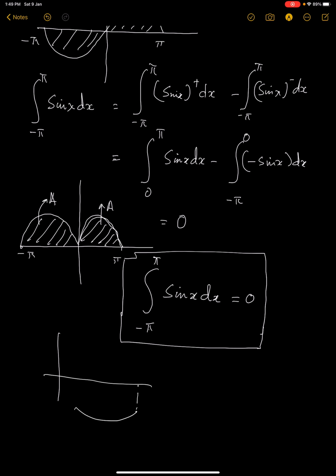Can we define an area? No, the negative of the integral will define the area, because the area is always non-negative while the function value here is always negative. So for a non-positive function, f(x) less than or equal to 0, the integral is the negative of the area. The negative of that integral is actually the area.